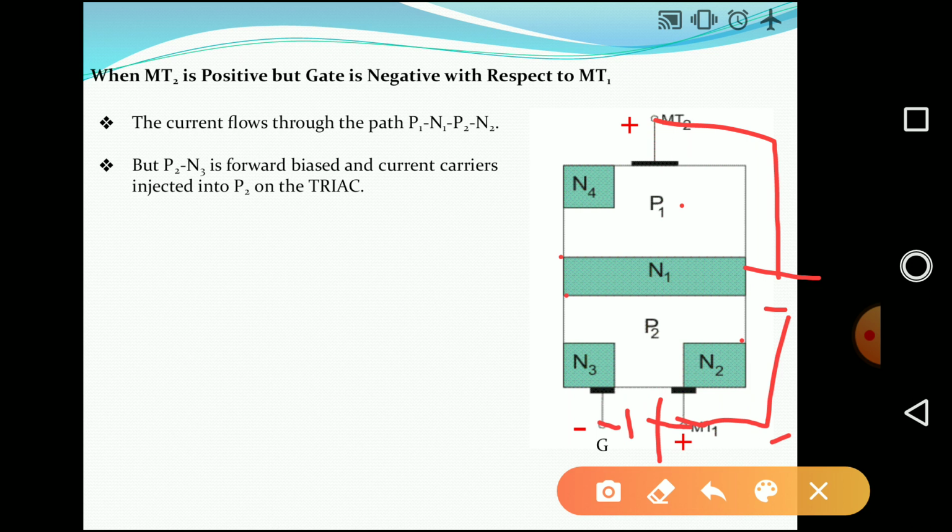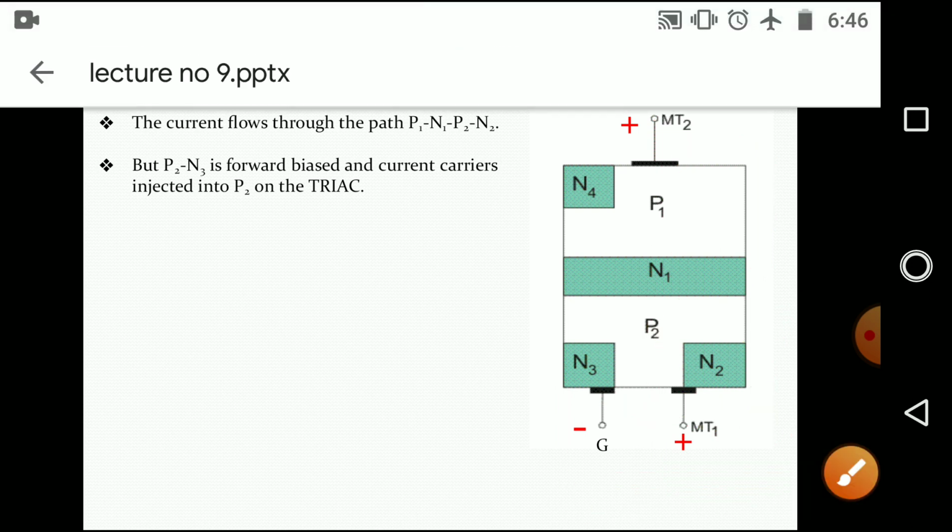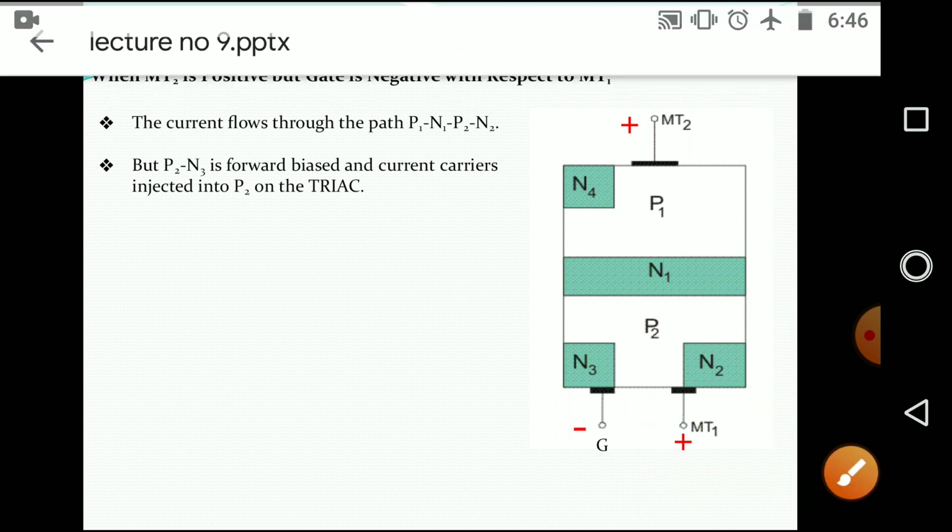So to make this junction forward biased, we are applying gate as negative. So as the gate is getting a negative supply, this makes this junction forward biased. So when N3P2 junction is forward, the current flows from again P1, N1, P2 and N2. So this is the second mode of operation.